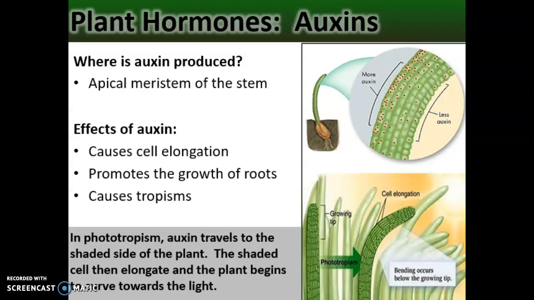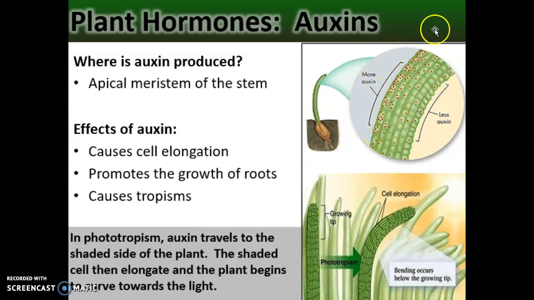The next effect of auxin is it causes tropisms, which is related to this idea that it also causes cell elongation. You see, if we look at this diagram over here, we have light shining on this plant from the right side. Since this is the well-lit side of the plant, it causes all the auxin, these little red dots here, to travel to the shaded side of the plant.